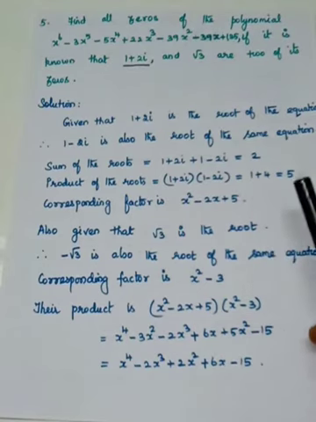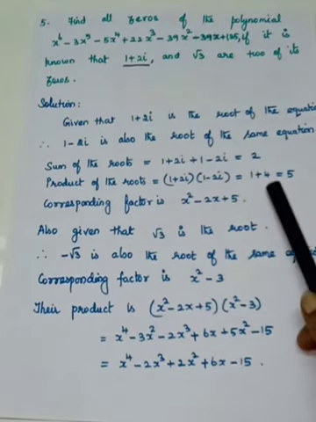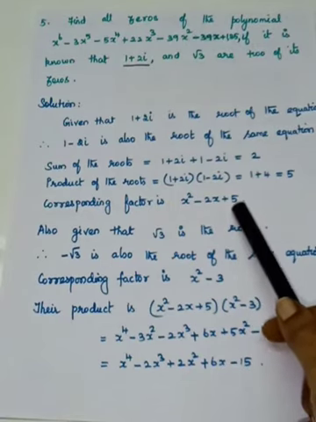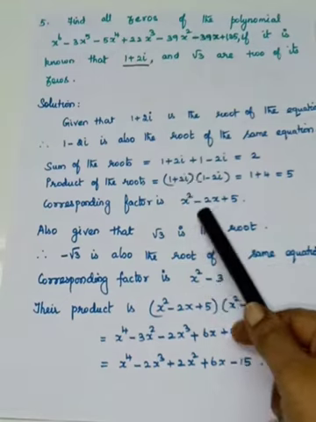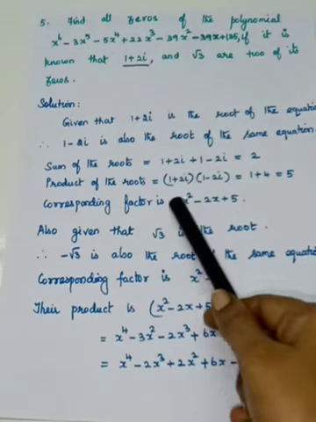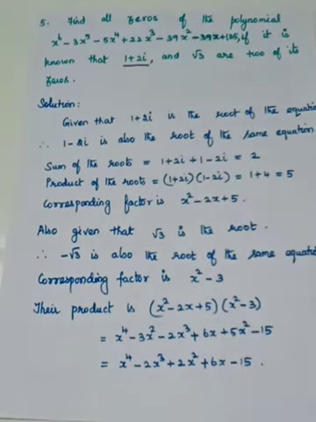The imaginary part is 2. So 2 the whole square is 4. So 1 plus 4 is equal to 5. So for these roots, the corresponding factor is x squared minus sum of the roots, that is 2, into x, plus product of the roots, that is 5. Okay, so we have found the factor, not the equation. We have found the factor for these two roots.